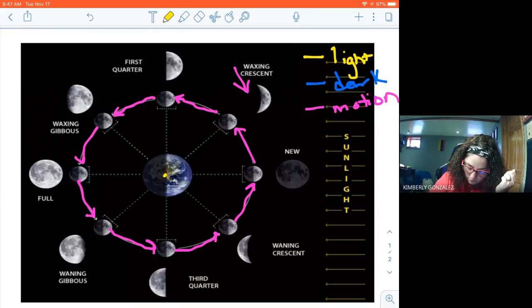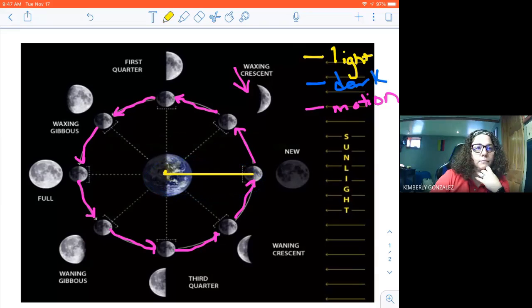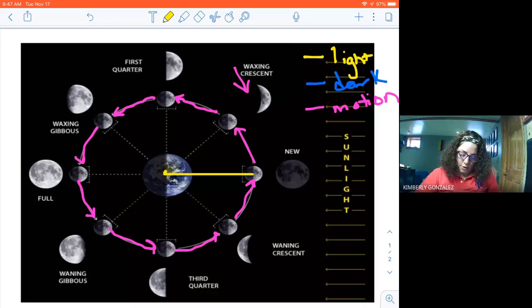Then you draw a straight line, or as close to a straight line as you can, from the center of the earth to the center of the moon. You guys with me so far? Yes. Okay. Then you're going to draw a perpendicular line, like that.